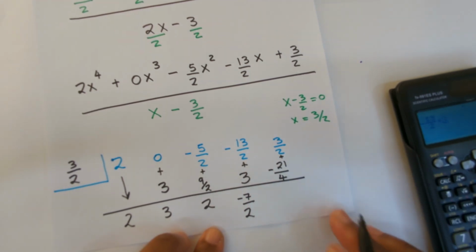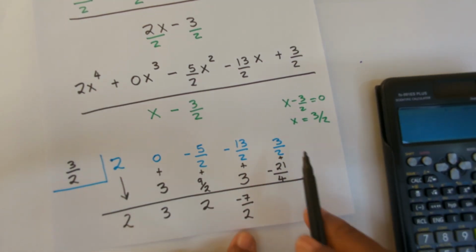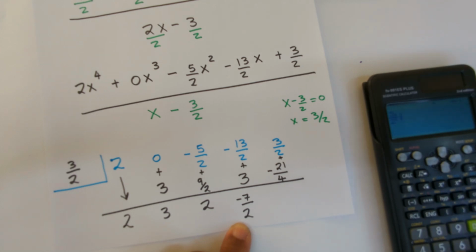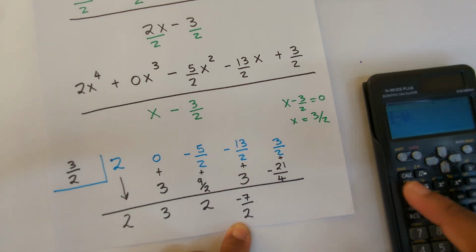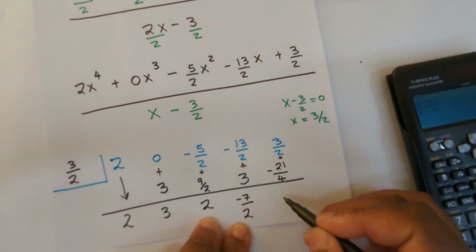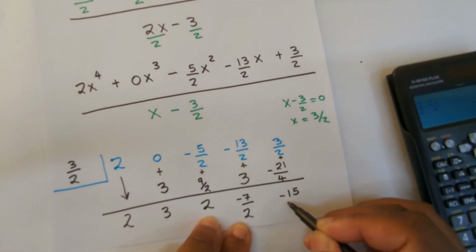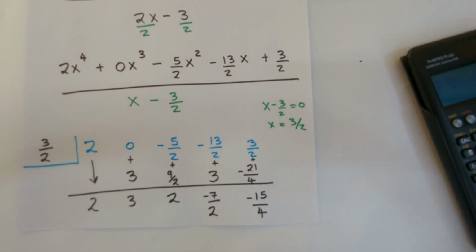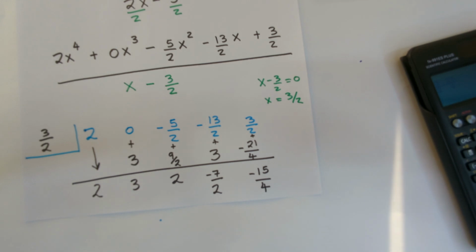And we add. So 3 over 2 plus negative 21 over 4 will give you negative 15 over 4 as our remainder. So negative 15 over 4 is our remainder.